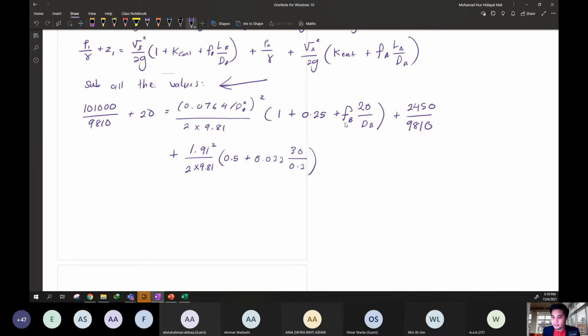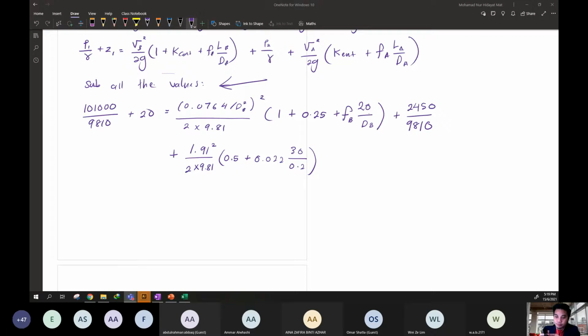Do you know how to substitute using the calculator? Anyone? For example, you use mode, and then go to equation.